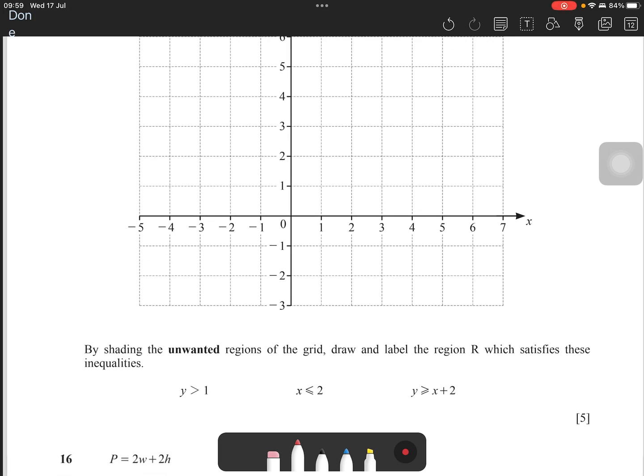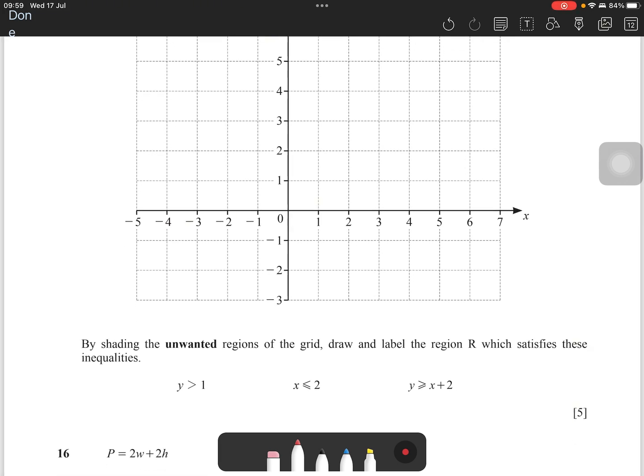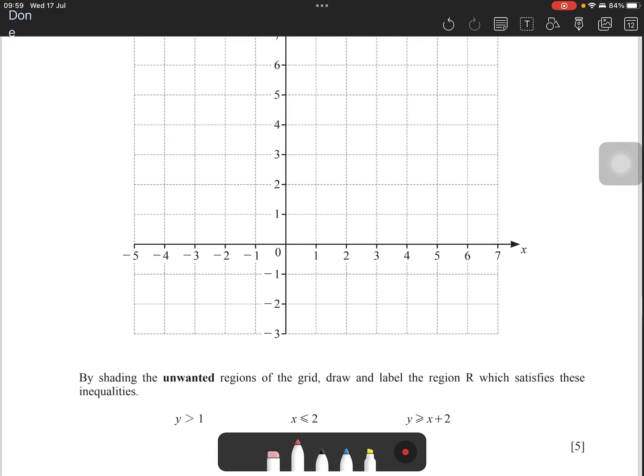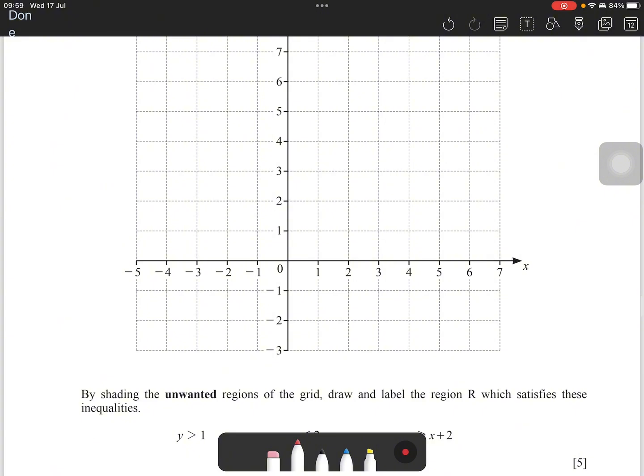Question 15. By shading the unwanted regions on the grid, draw and label the region R which satisfies these inequalities. The first one, y is greater than 1. First, we draw the line y is equal to 1. It is a horizontal line.